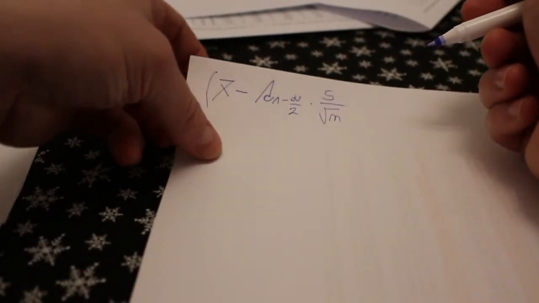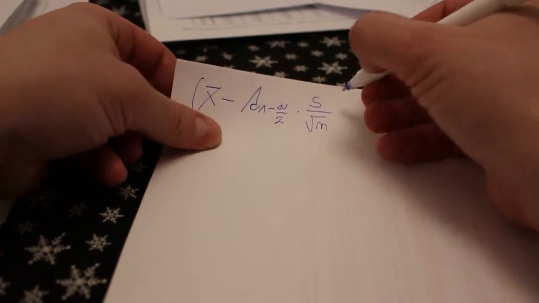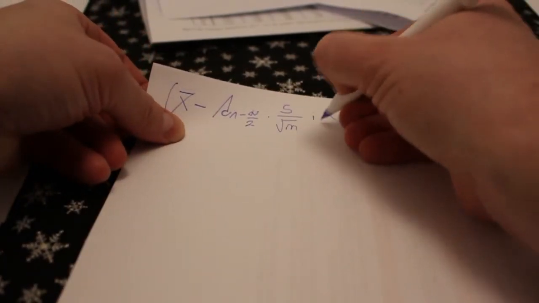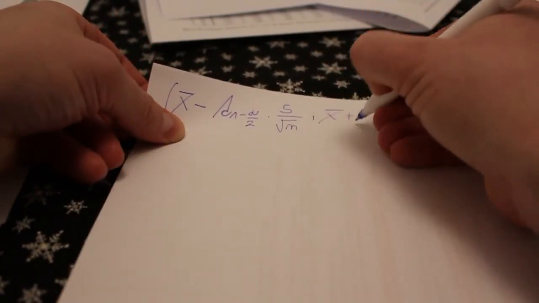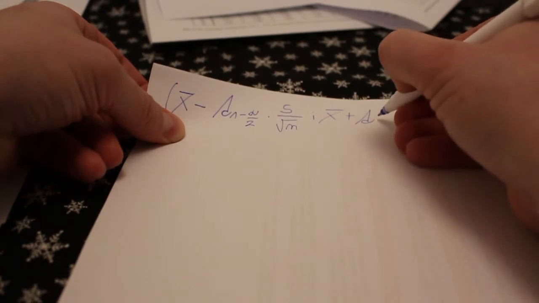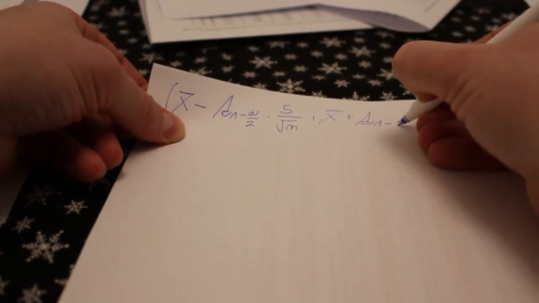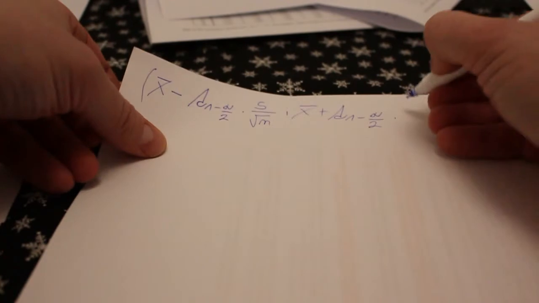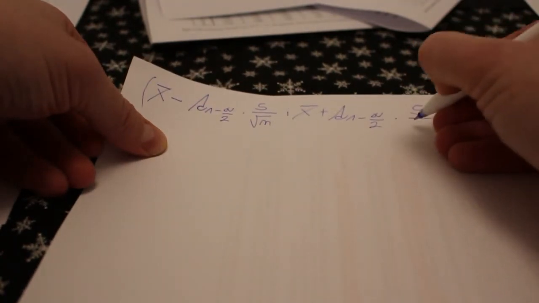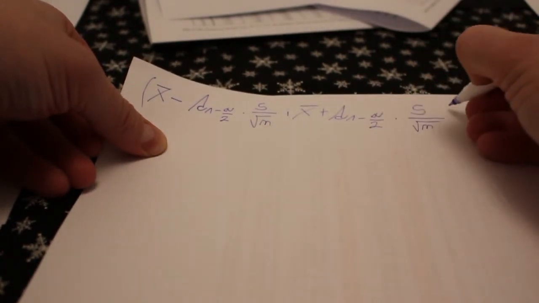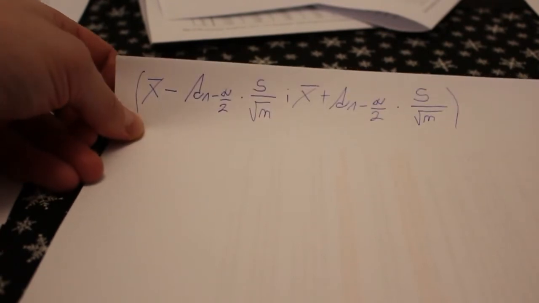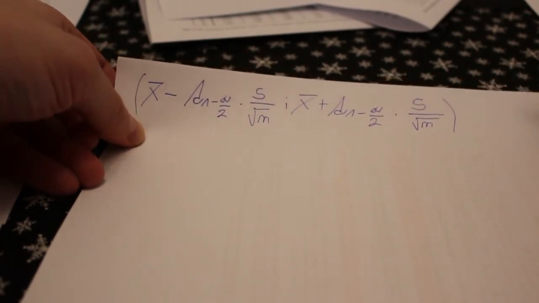So this is left side. Right side, x with stripe plus student t quantile 1 minus alpha divided by 2 times deviation divided by square root of n.